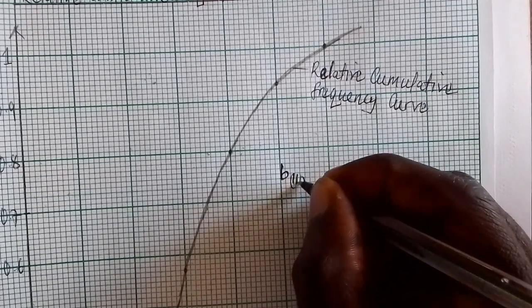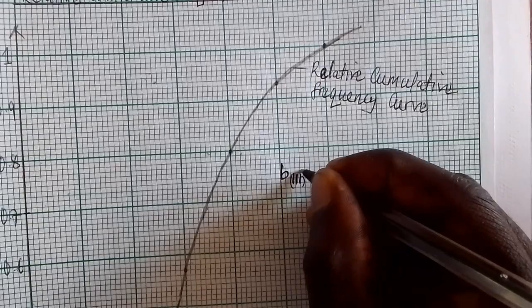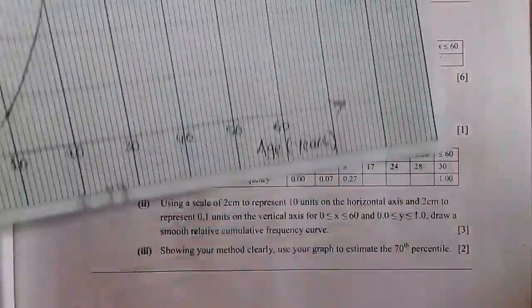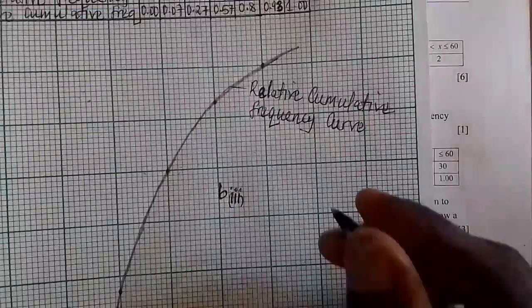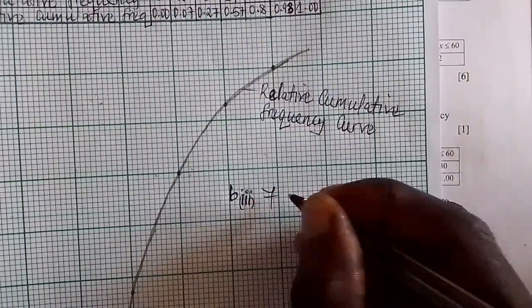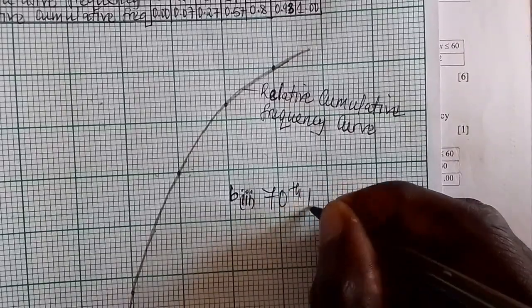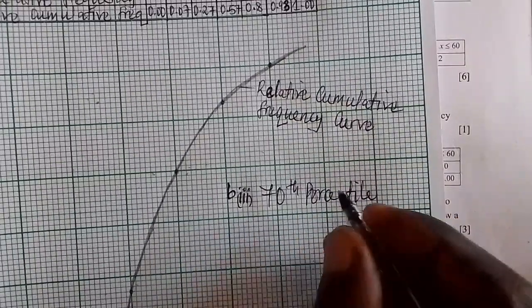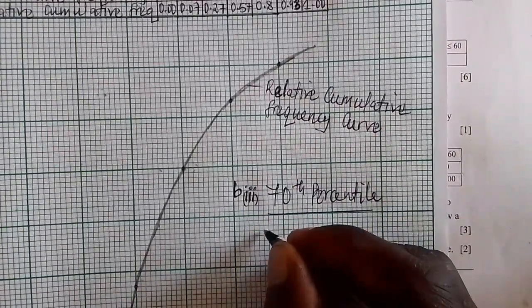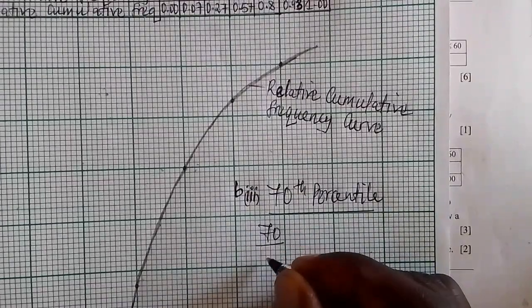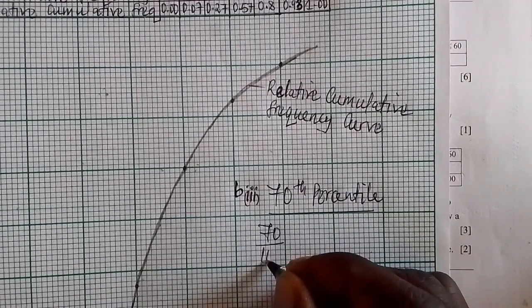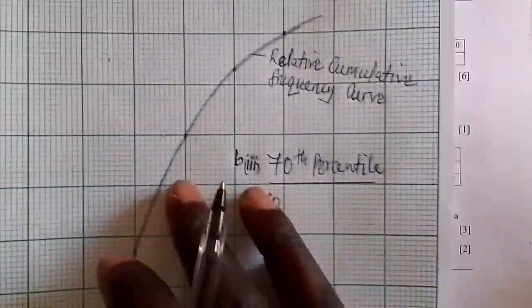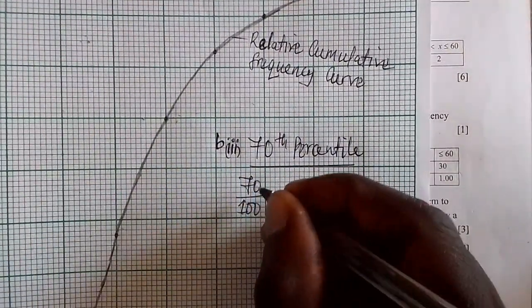So for B3, we want the 70th percentile. Calculating the 70th percentile, all we do is the following. This is just 70% of 1, since the distribution is out of 1.